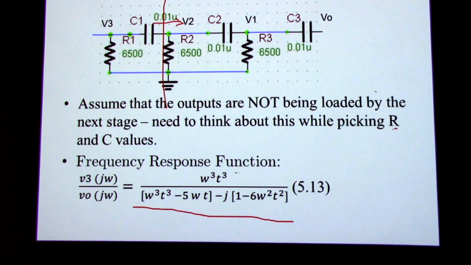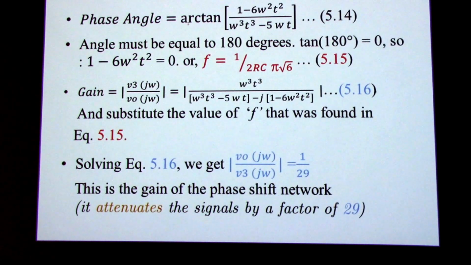Anyway, the frequency response function is this, and this is 5.13 from the lab manual. So we are not going into detail on how this came about, but we are just going to use the concept. We are going to apply the Barkhausen criteria here, which is surprisingly simple. So we say the phase angle is this.